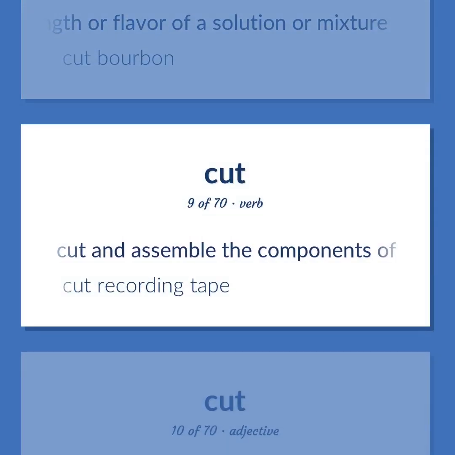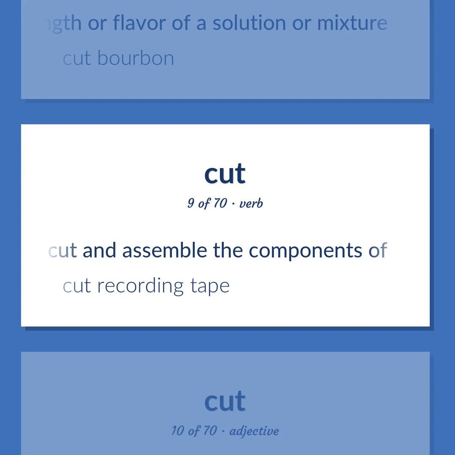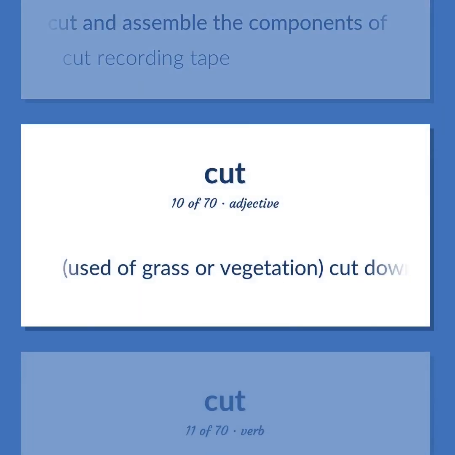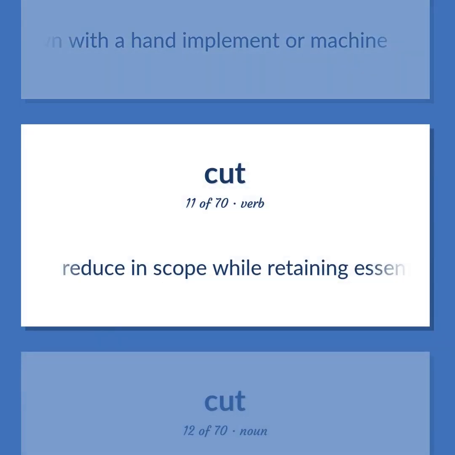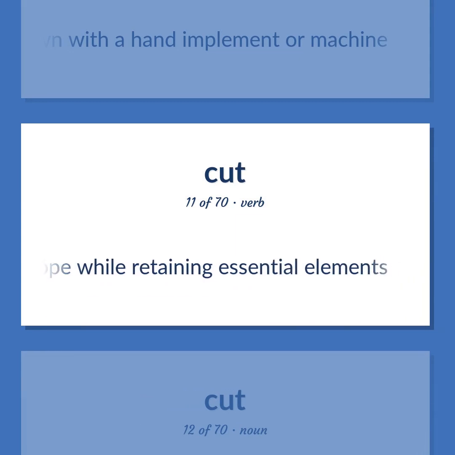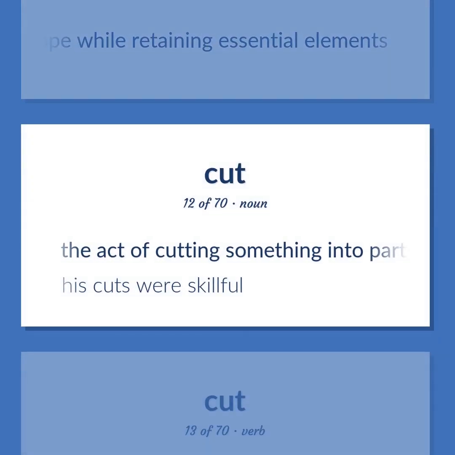Cut and assemble the components of. Cut recording tape. Used of grass or vegetation, cut down with a hand implement or machine. Reduce in scope while retaining essential elements. The act of cutting something into parts. His cuts were skillful.